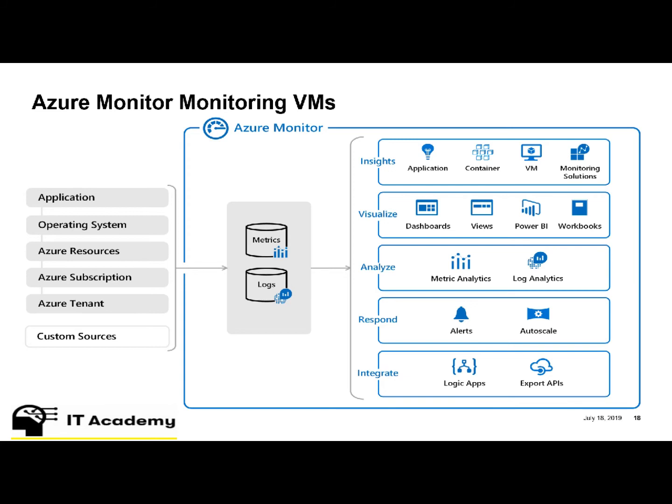All that information, logs, events, alerts, performance, and availability metrics get pulled into a set of logs and metrics in Azure Monitor that then allows us to provide insights, visualizations, analysis. We can create alerts and notifications on that. And what we can also do is integrate this monitoring by sending webhooks or using logic apps to forward events to other management tools, or we can have logic apps that attempt to self-heal a given resource.